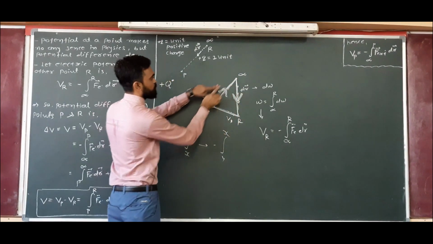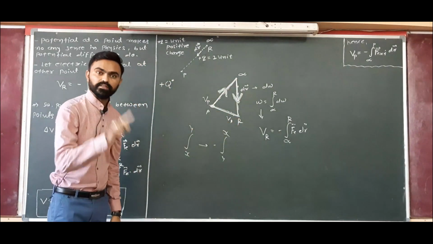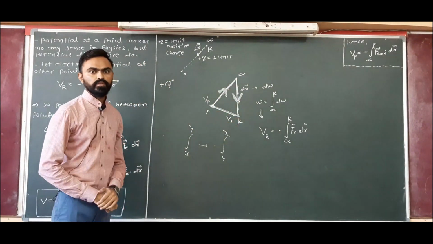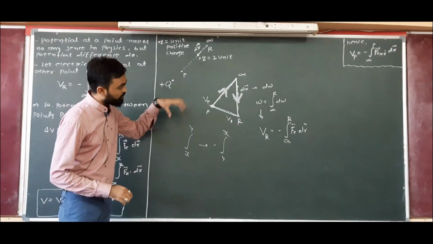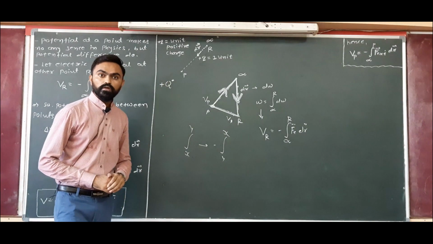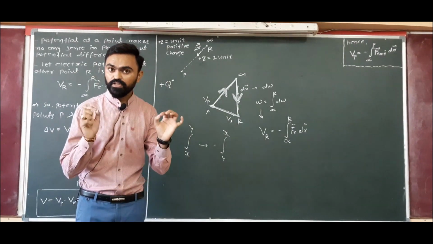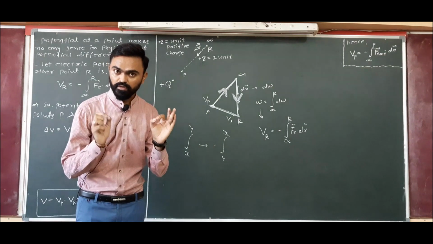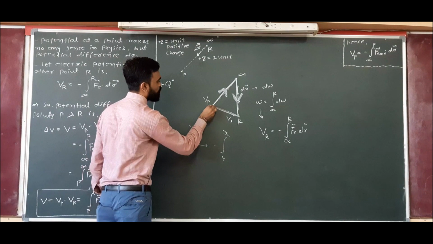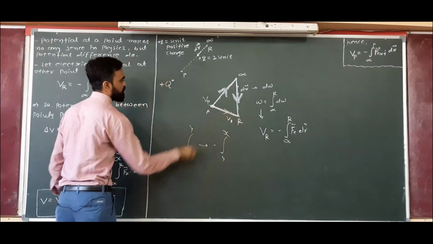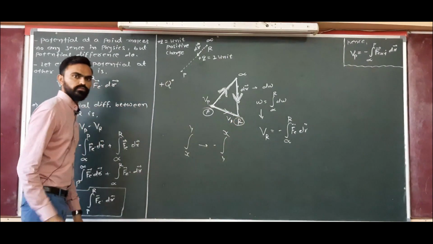Again p to infinite to r, this is the path of the particle. But does it matter here in terms of the field, since the electric field is conserved? No, in a conserved electric field the path does not matter, right? Only the initial and final positions matter. You getting my point? This is a conserved field. So we directly go from p to r by taking the initial limit as p and the final limit as r.